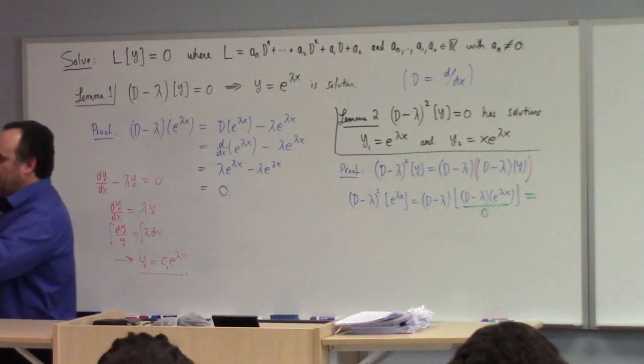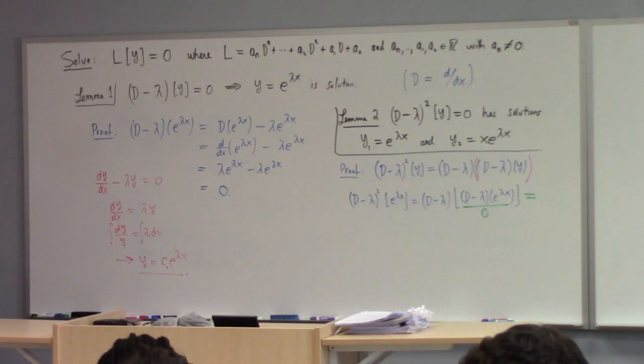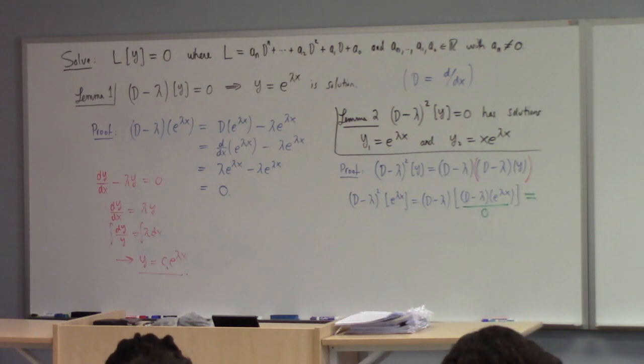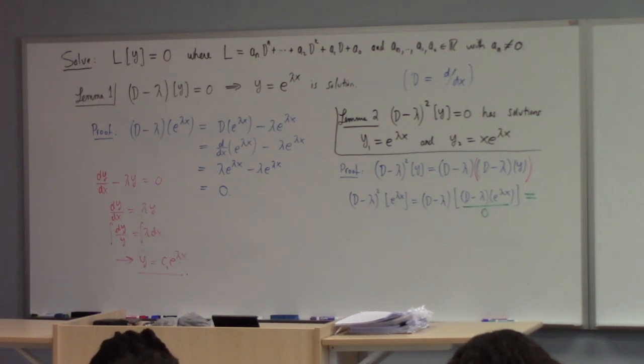This is 0. And guess what? While I have not assumed this yet over here, if T of cf plus g is equal to c T f plus T of g, then T is a linear operator, if that's true for all functions.